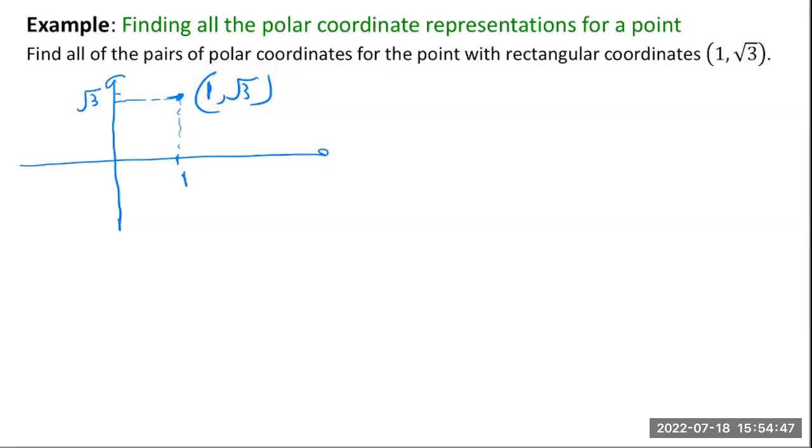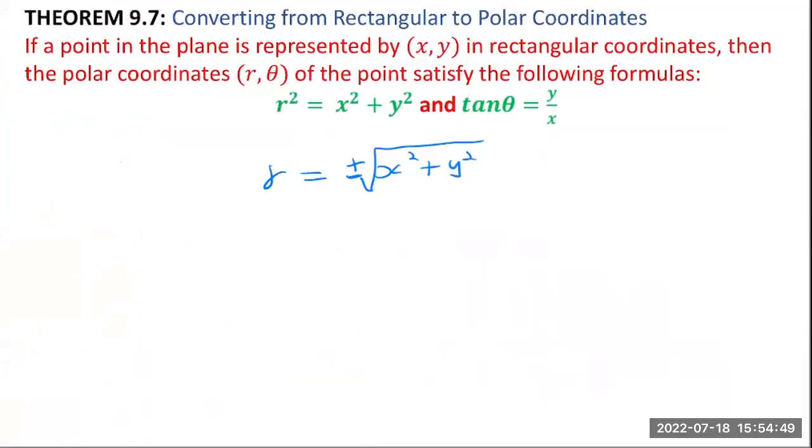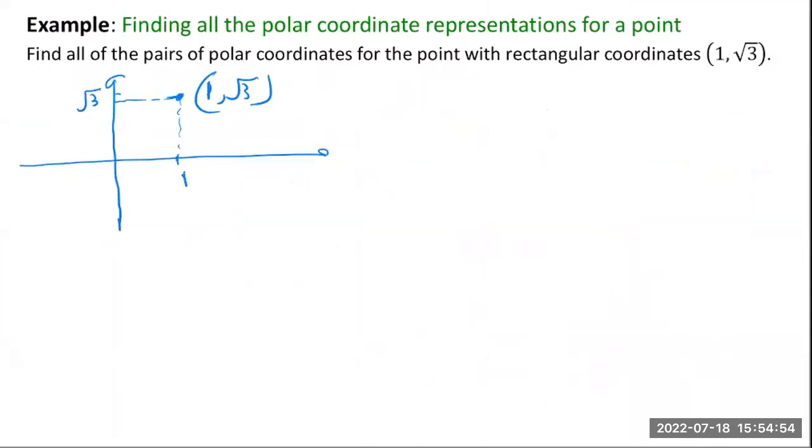So how do we do that? Again, we use this theorem. We know that r squared is x squared plus y squared. Notice that in the rectangular coordinates 1 comma square root of 3, this is your x, this is your y. So x is equal to 1 and y is equal to square root of 3.